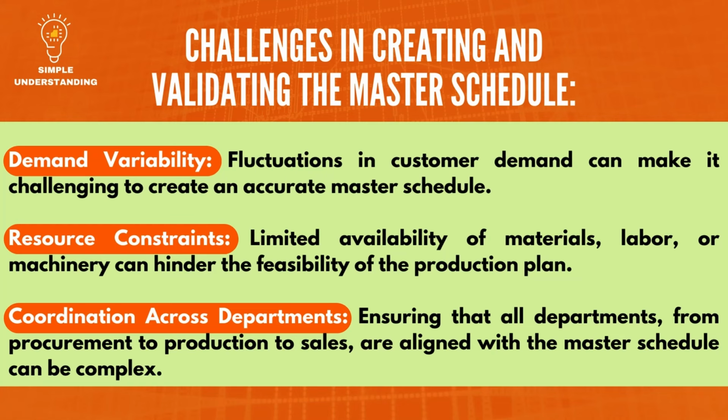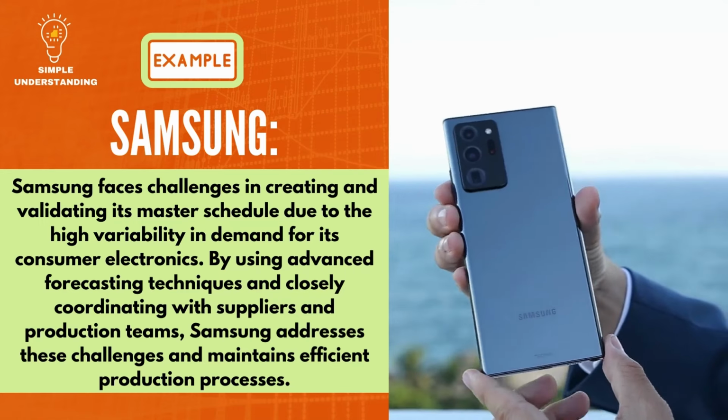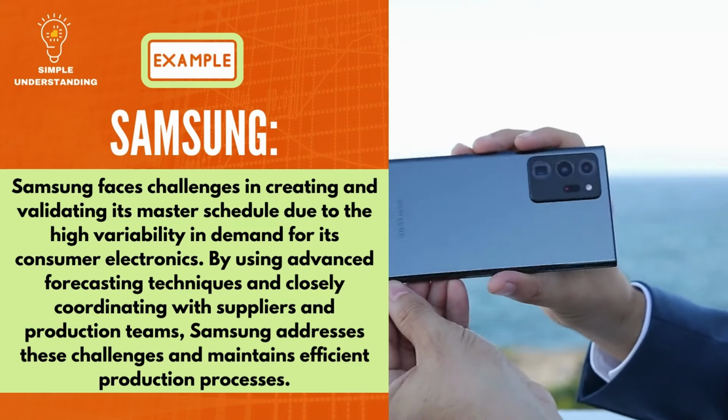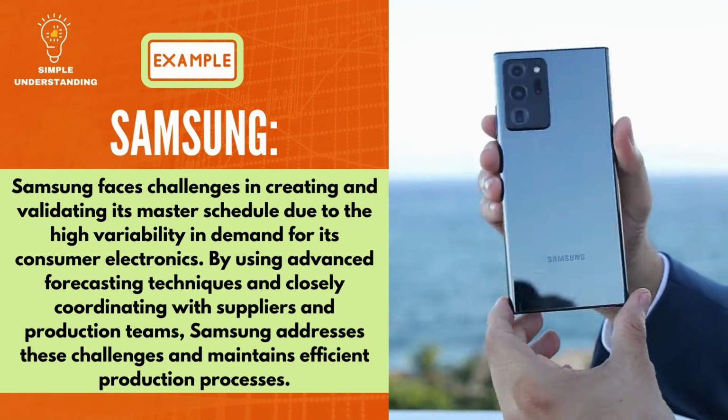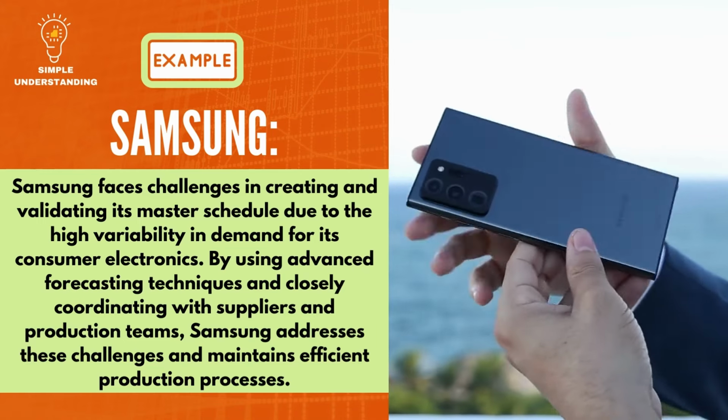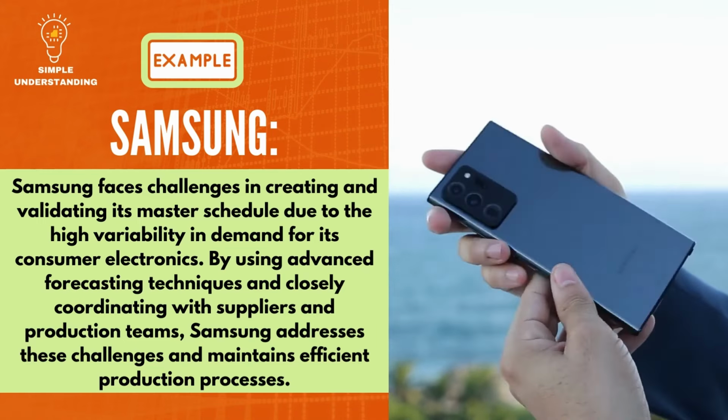C. Coordination across departments. Ensuring that all departments, from procurement to production to sales, are aligned with the master schedule can be complex. Example: Samsung. Samsung faces challenges in creating and validating its master schedule due to the high variability in demand for its consumer electronics.